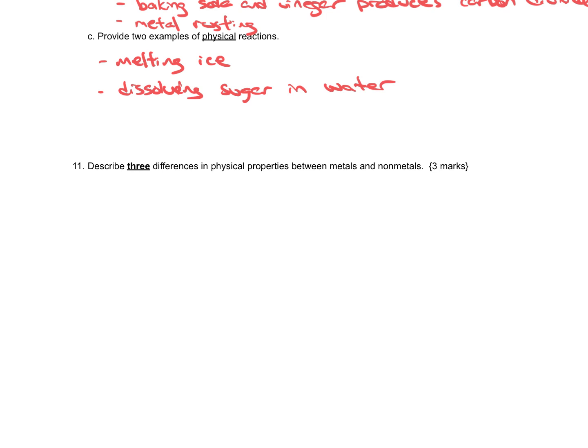Describe 3 differences in physical properties between metals and non-metals. Okay, so if you understand what metals are, non-metals are often the opposite. So metals are shiny. Non-metals often are not shiny.